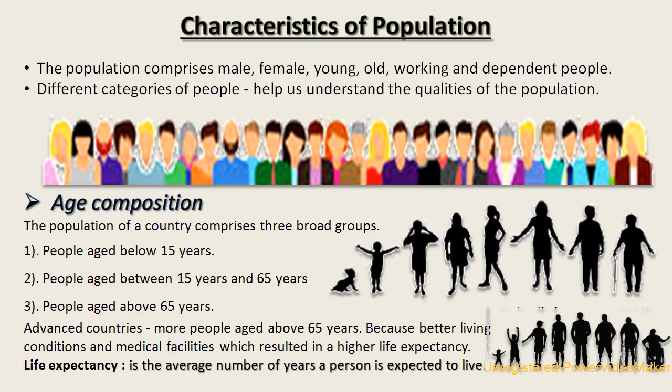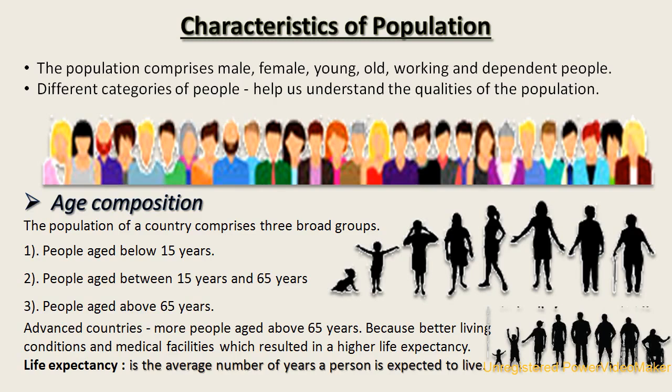The last category, people aged above 65 years, are old people, and they are not able to work. So the first group and the third group we have to support with the help of the working population.